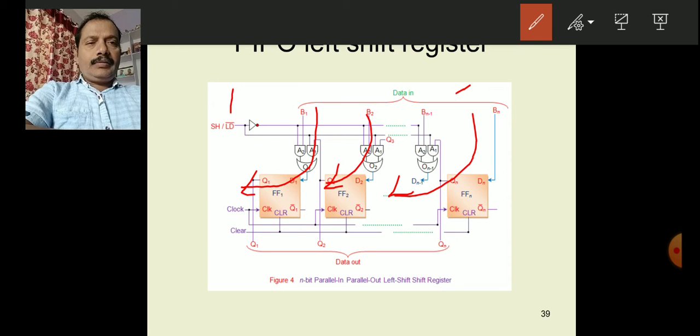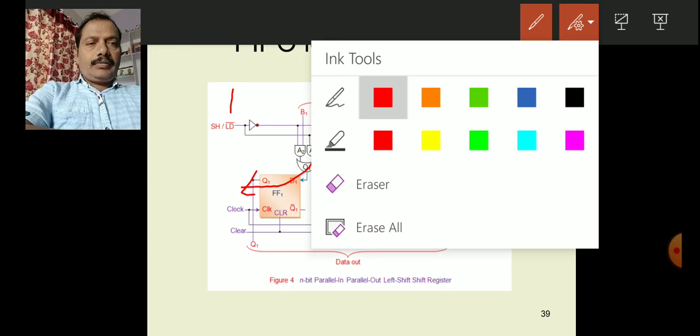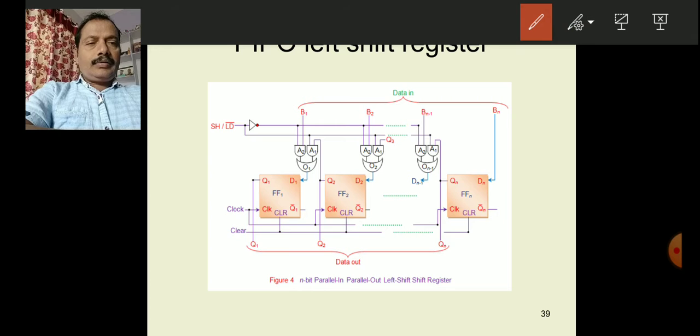And if first the loading of the data is done, the loading is done whenever this control bit is 0, then the data bits B0, B1 to Bn are loaded into the shift register like this.